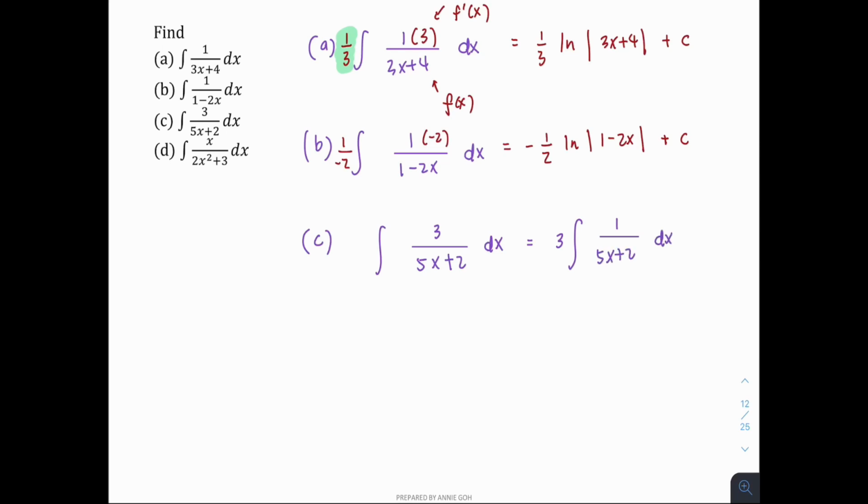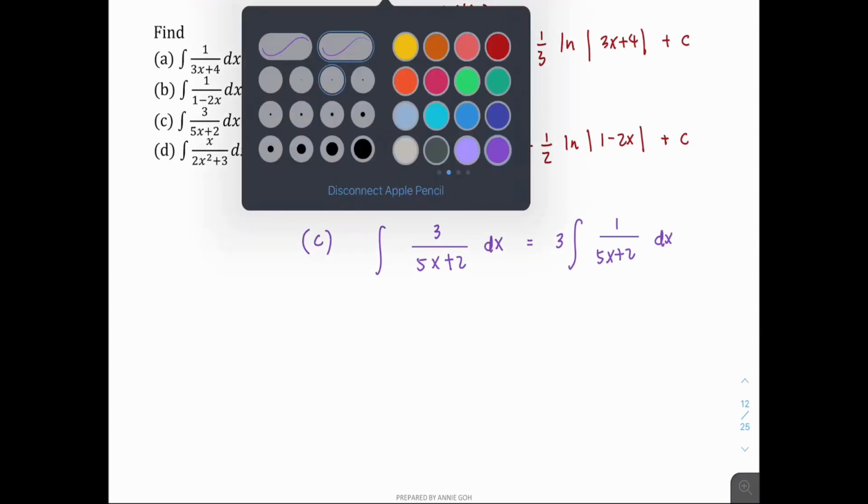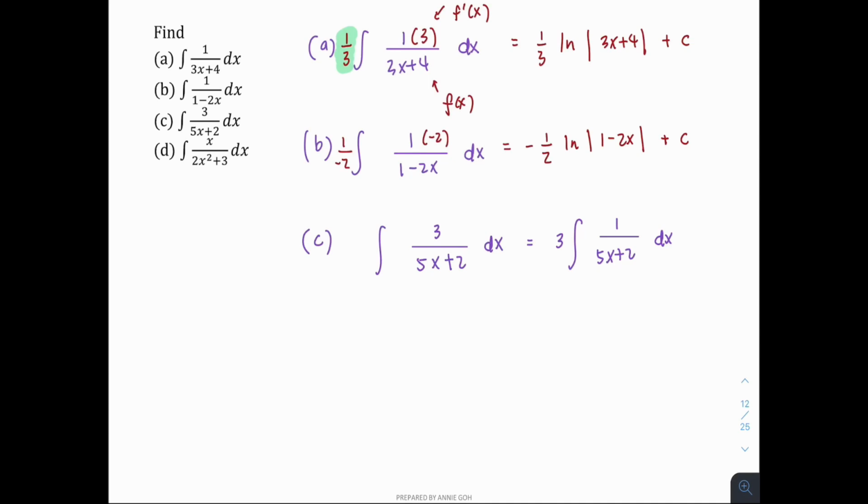Now we start making the adjustment. When you differentiate the bottom 5x plus 2, we should have a 5 here. So when you multiply with a 5, outside here you divide by a 5. Therefore the adjustment that we have made is 3 over 5, and ln the bottom part of the fraction, 5x plus 2.